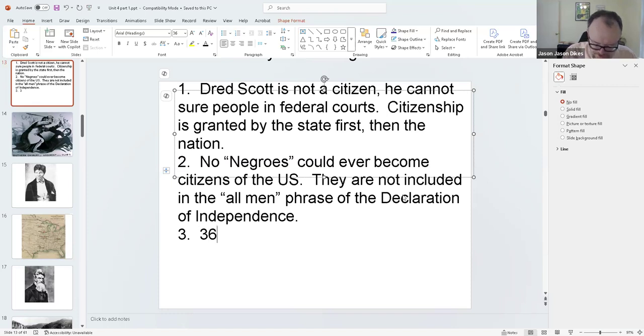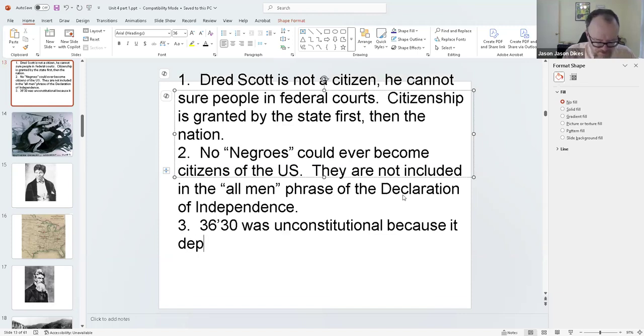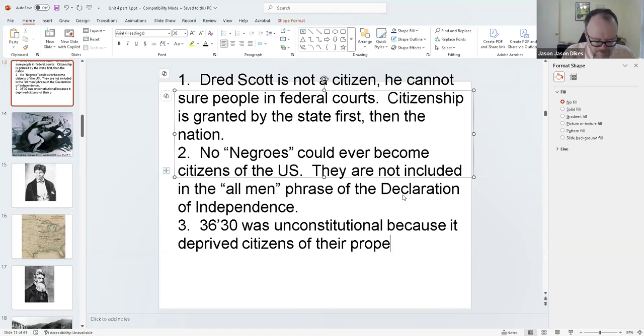The court ruled that 36-30 was unconstitutional because it deprived people, citizens, of their property. The type of slavery practiced in the United States, slaves were property.